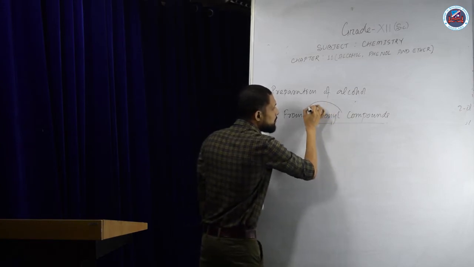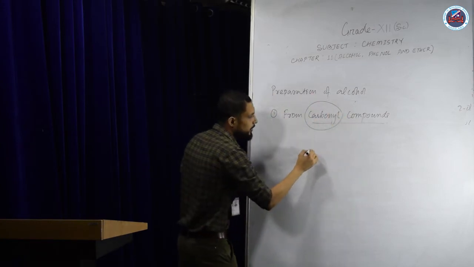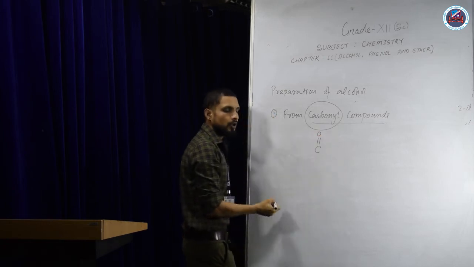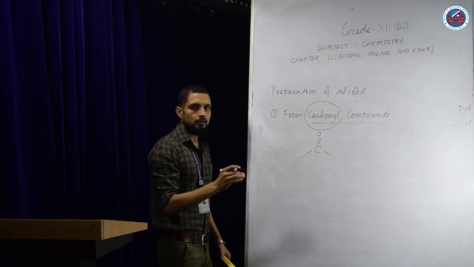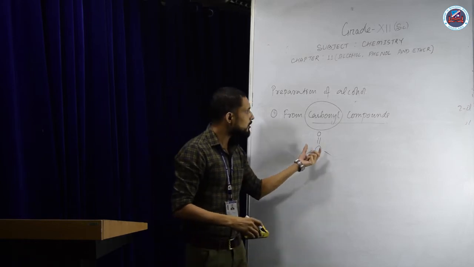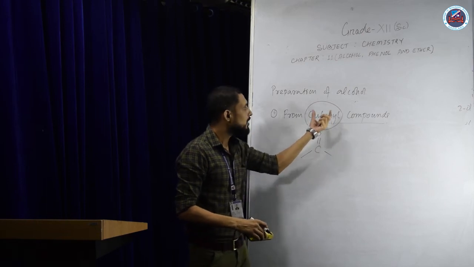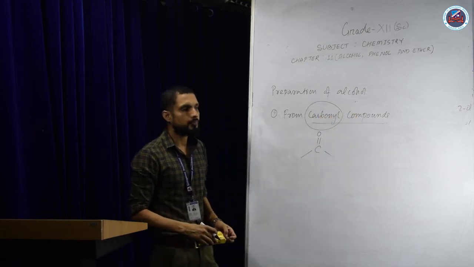Now, carbonyl is CO, that is C double bond O. So, whichever compound contains this carbonyl group, that is CO group, is known as carbonyl compound.